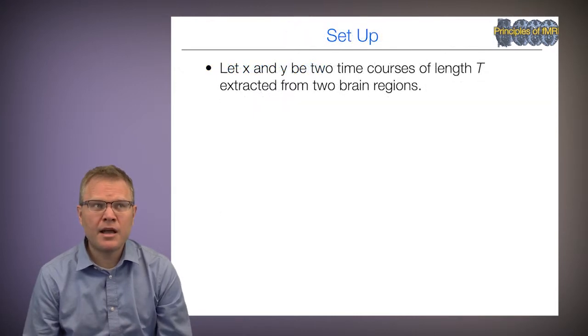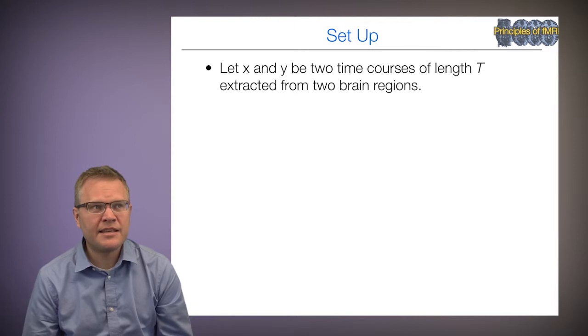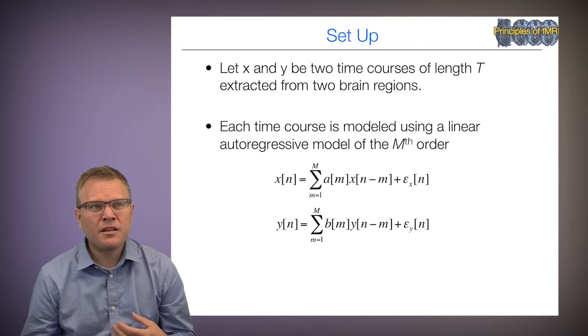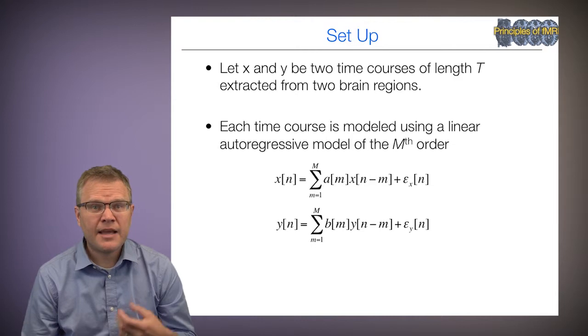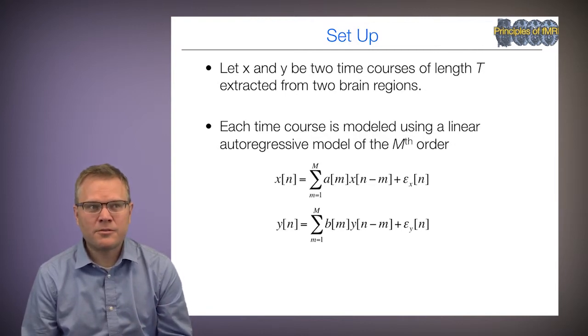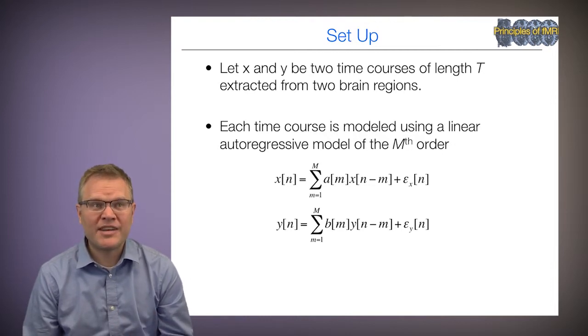So now let's let x and y be two time courses of length t extracted from two separate brain regions. Each time course can be modeled using a linear autoregressive model of the mth order. So here, for example, we say that x of n, the value of x at time n, depends on the past m values through this linear equation. a1 is the weight for the value of x at time n minus 1, a2 would be the weight for x at time n minus 2, etc. And then we have an error term, epsilon, as well.